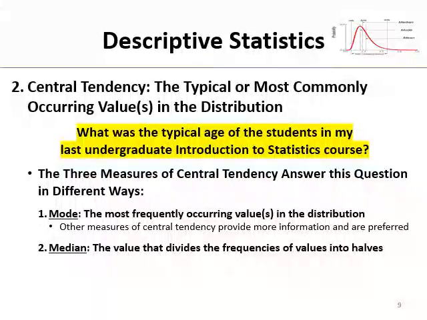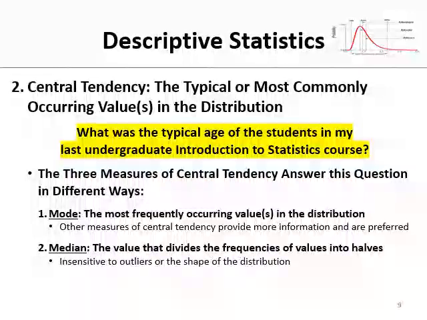So a little bit better is the median. The median is the score, or in this case, age for the class that divides the distribution into 50-50. So 50% are lower than the median, 50% of scores are higher than the median, or in this case, ages. It's not sensitive to outliers, which is a good thing.